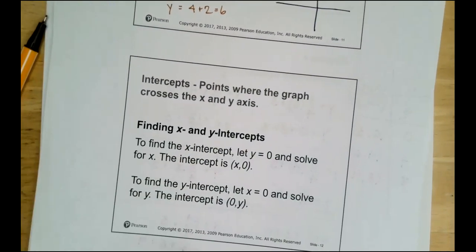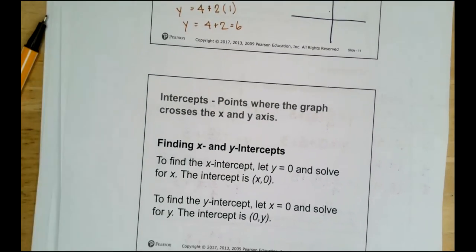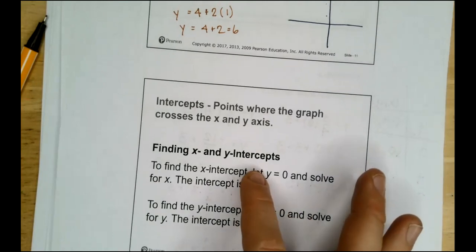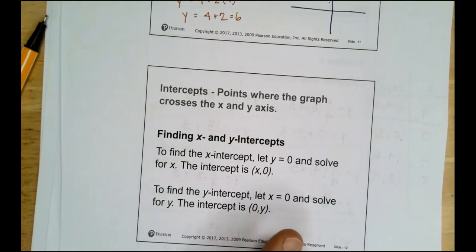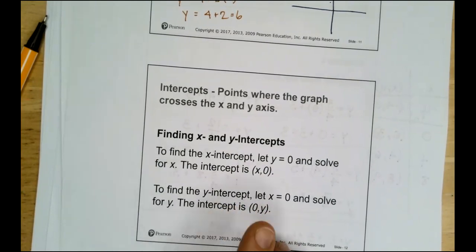Sound good? All right, the intercepts are the points where the graph crosses the x-axis or the y-axis. To find the x-intercepts of your graph, let y equal 0 and solve for x. Then the intercept is whatever you got for x, followed by the number 0. To find the y-intercept, let x equal 0 and then solve for y.